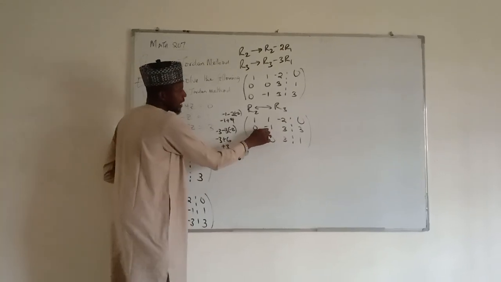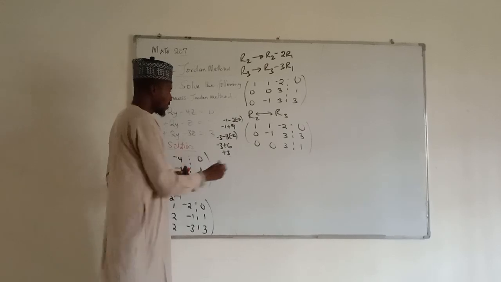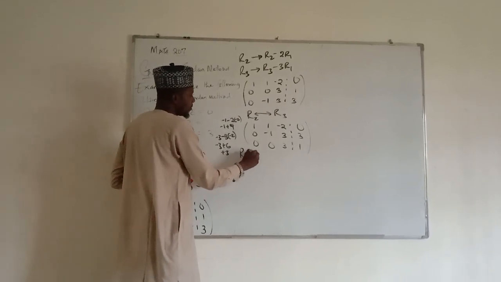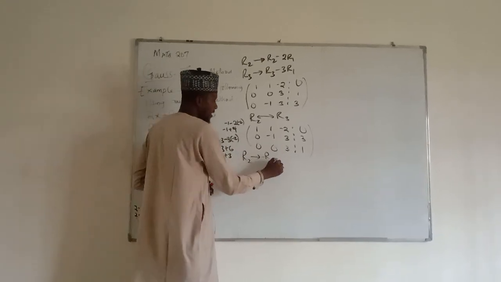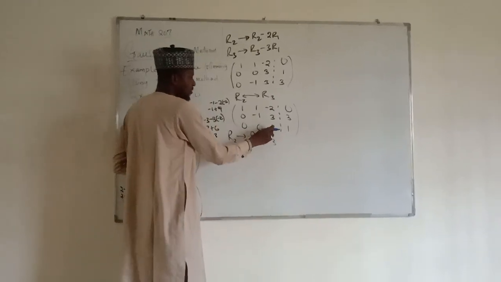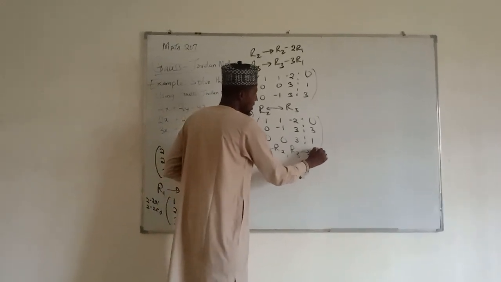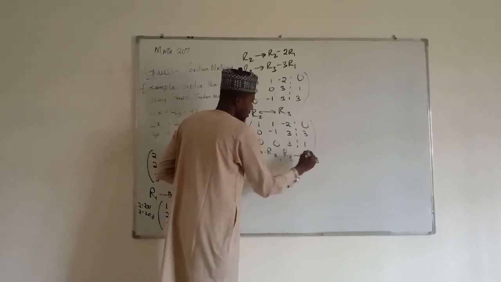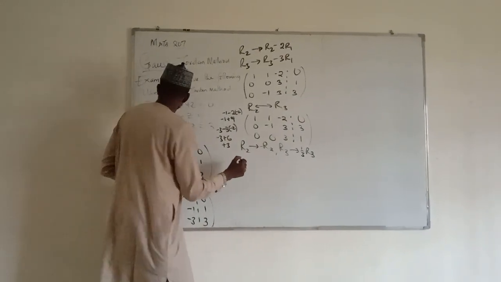Remember, I told you I want this one to be equal to 1, not minus 1. So R2 will be equal to minus R2. Then for R3, I want this one to be 1, so it's going to be 1 over 3 R3. All together? Okay, by demonstration.